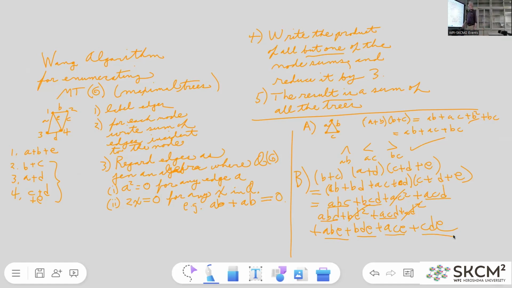For example, CDE, C, D, and E, that's this little efflorescence here. And there are things like A, E, C, or B, E, D, and so on. You can check it again and see if I got it right.